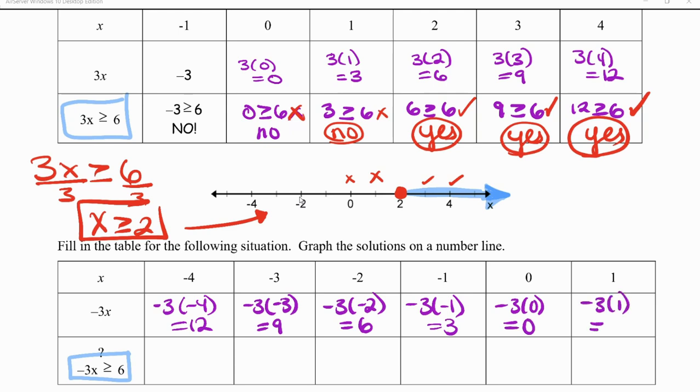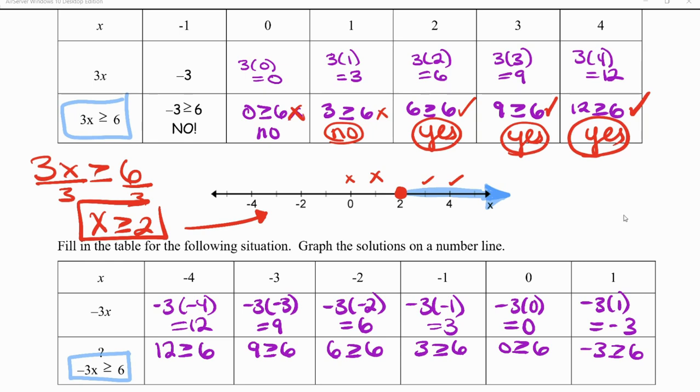And negative 3 times 1 is negative 3. So now we're going to plug in those values into our inequality, and we'll see which values for x are possible solutions to the given inequality.